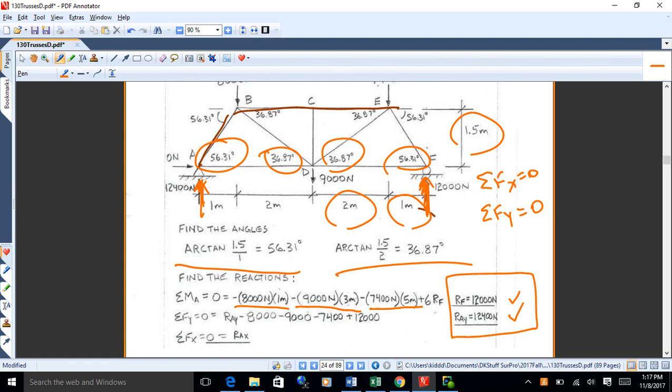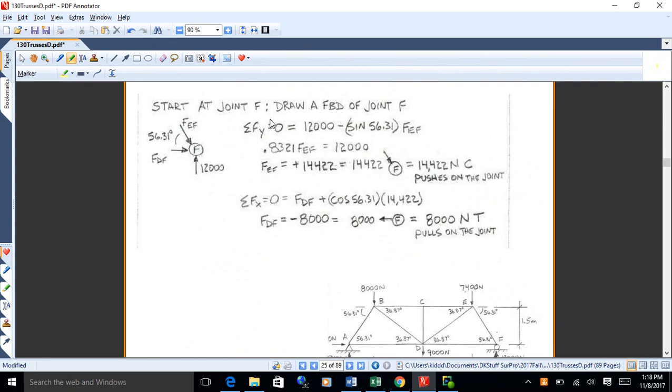So we have to start at a joint that has a known force and only 2 unknowns, because I've only got 2 equations to work with, and I need a known force to get me some starting value that I could use to figure out what the other values are going to be. Okay, so what I decided to do there was to start at joint F.